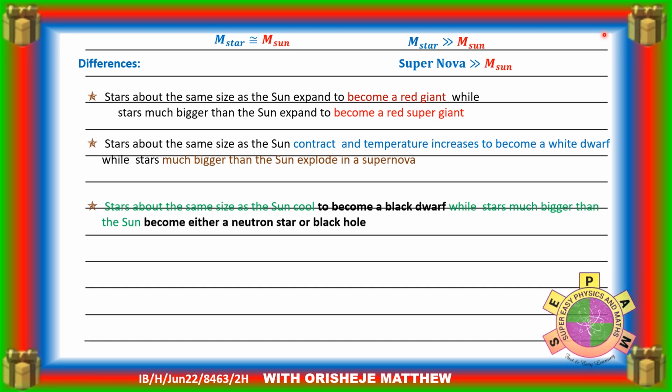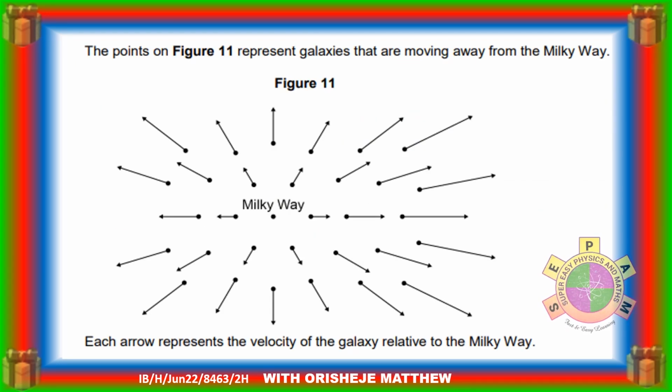The points on figure 11 represent galaxies that are moving away from the sun. Now, what does this figure illustrate?